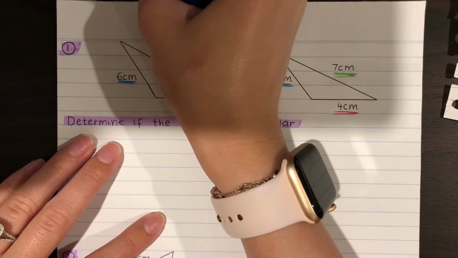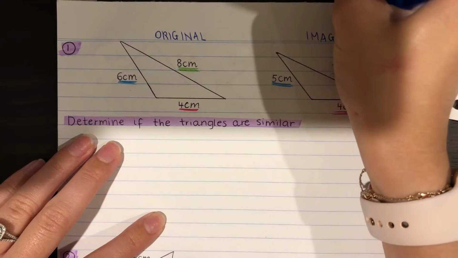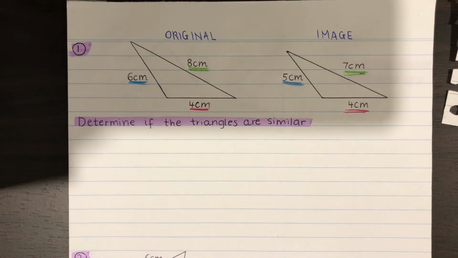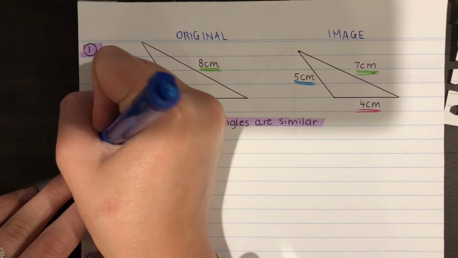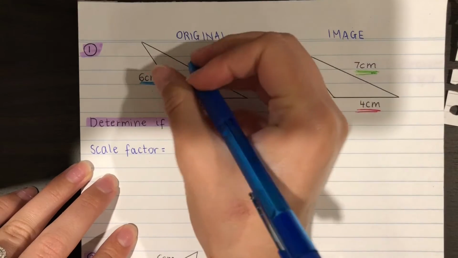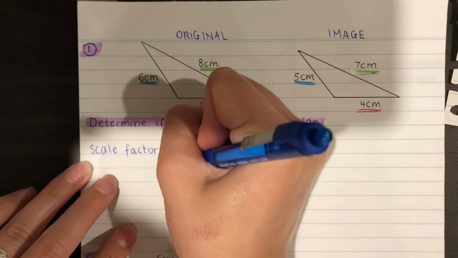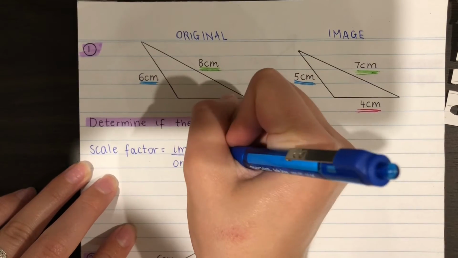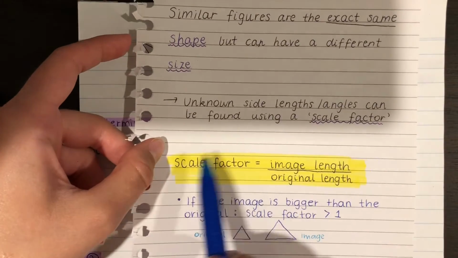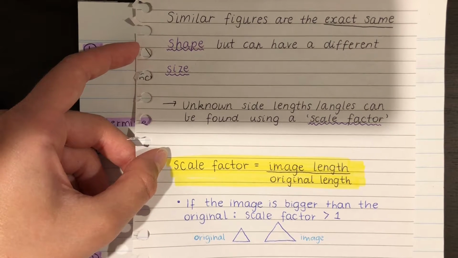Now the scale factor, and I'll just write image over original. Remember, that's the formula that I introduced to you here. You can pause and write this down in your books if you want.